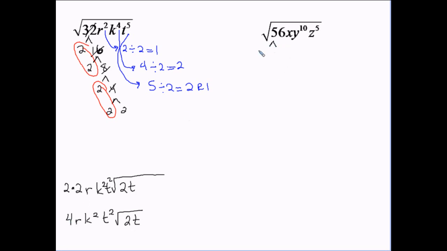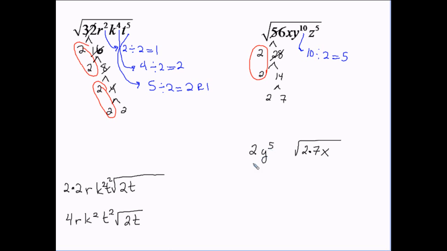So one more. 56 is 2 times 28. 28 is 2 times 14. 14 is 2 times 7. 1 pair of 2's come out, and then the 2 and the 7 get left behind. There's 1x, so I can't really divide that by anything, so it stays inside. 10 divided by 2 is 5, so 5y's come out.